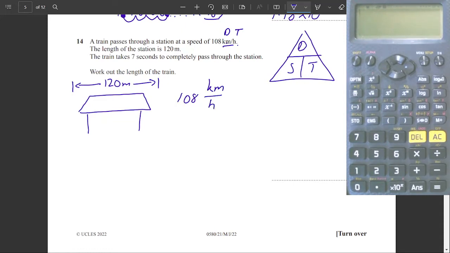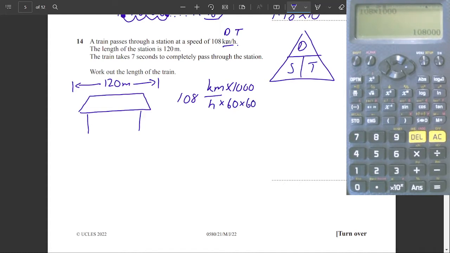So first we change kilometers to meters. Kilo means 1,000. So we're going to take 108 times 1,000. That means we travel 108,000 meters per hour. Next, we want to change hours to seconds. So how many seconds in an hour? Well, there is 60 seconds in a minute, and there is 60 minutes in an hour.